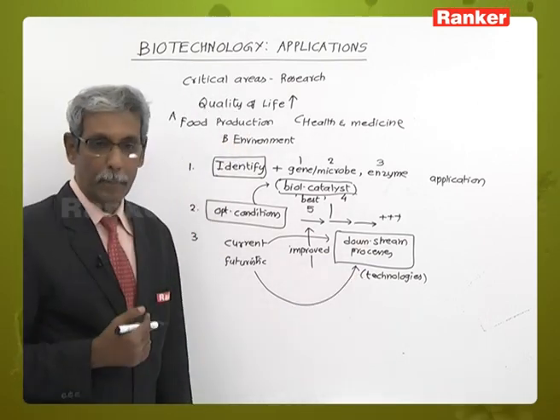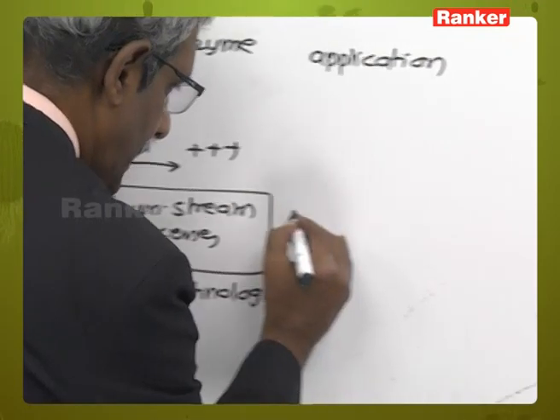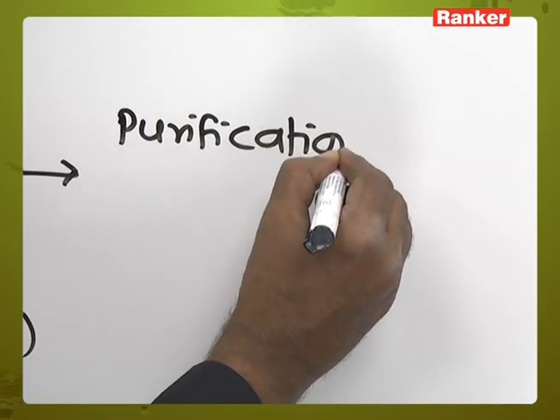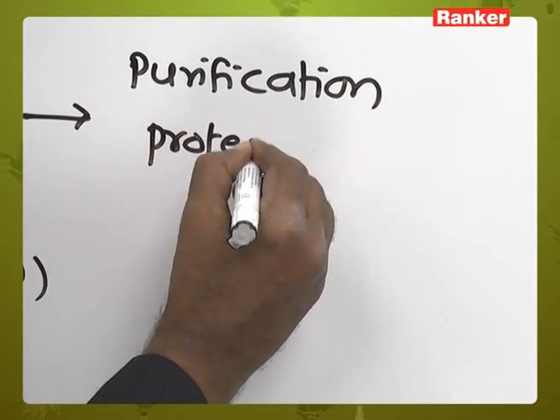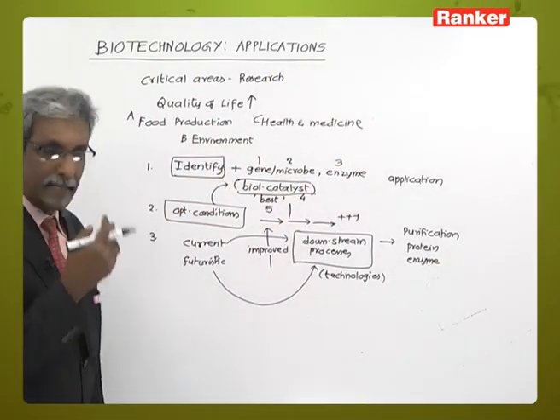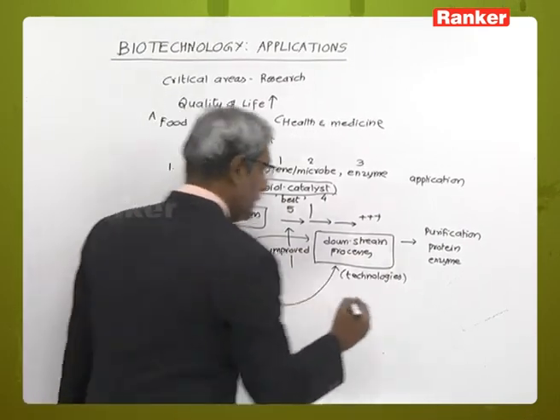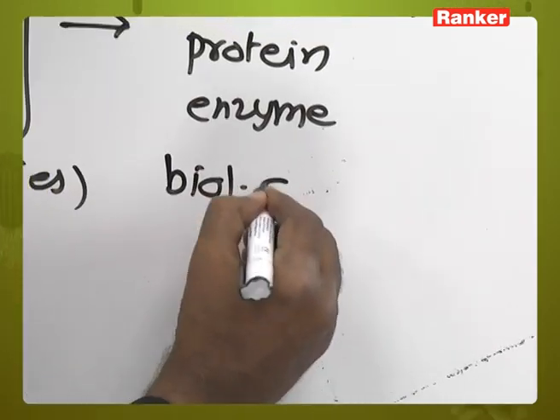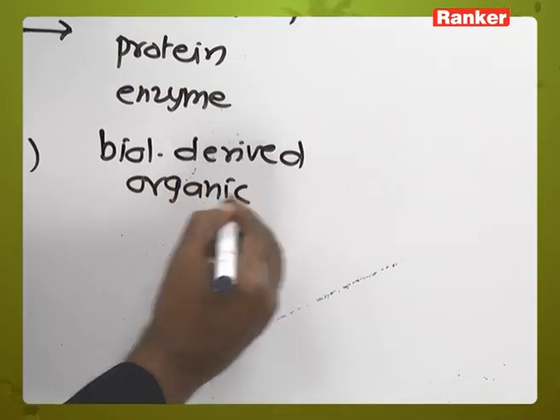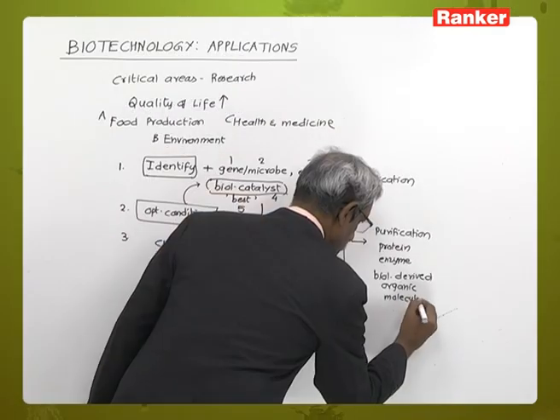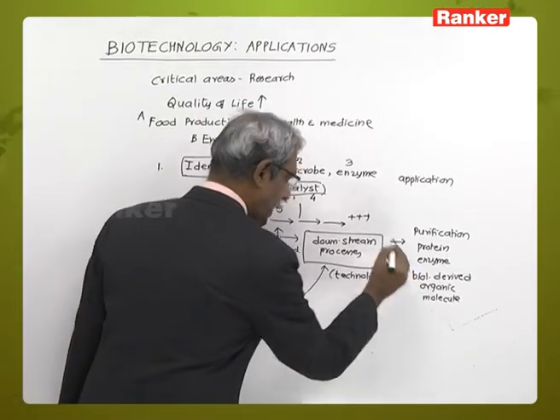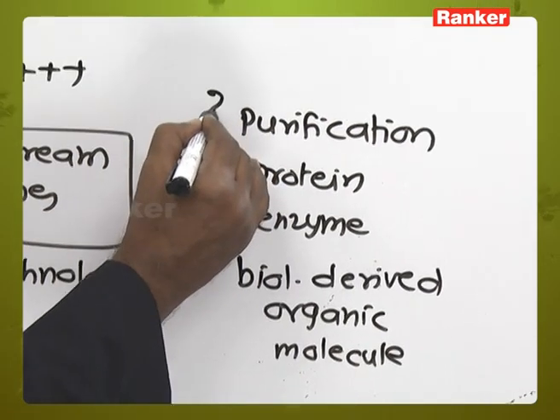So, we are looking at how we improve the technologies so that they lead to the purification of the protein or the enzyme, so that we get a protein or enzyme which is very, very pure, or a biologically derived organic molecule. So, at the end we require a molecule or compound which is biologically derived. It should be present in the pure state.